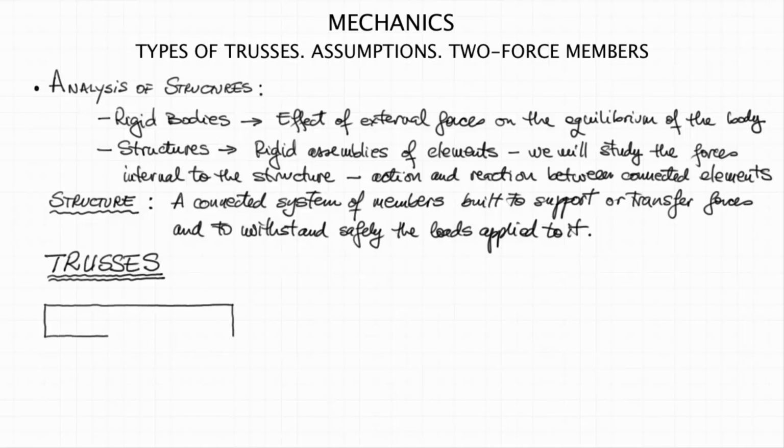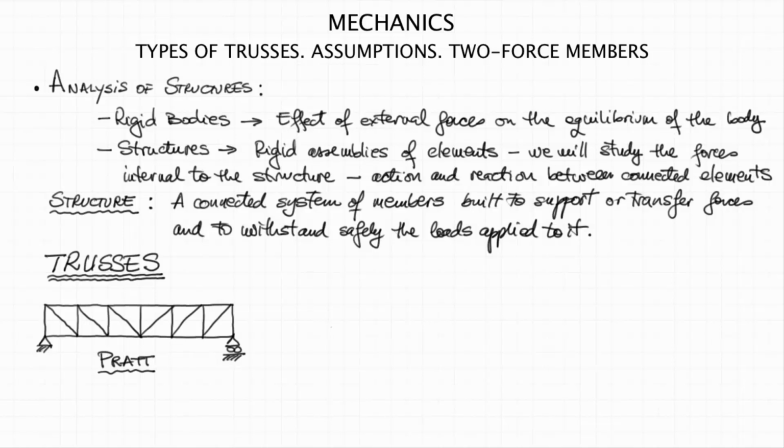So, for example, this could be one truss, simply supported on a pin and a roller. Horizontal members, vertical members, and some diagonal members. This specific configuration of a truss is called a Pratt truss.